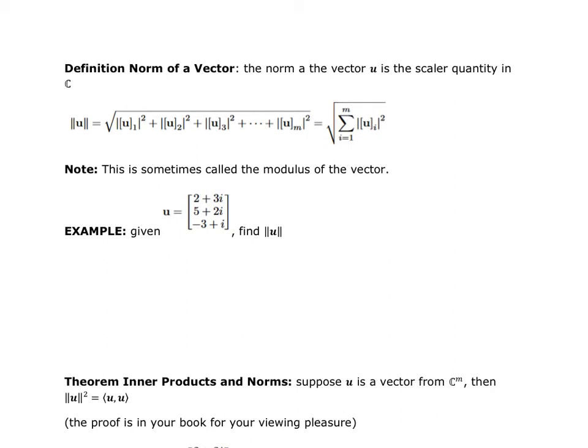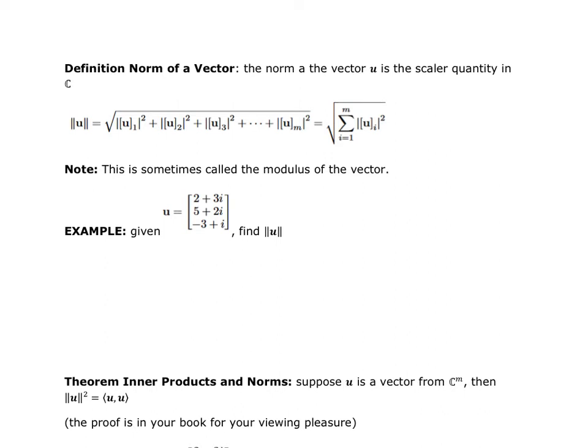We are looking at the definition of the norm of a vector. By the definition, the norm is going to be each individual entry squared, and then I take the square root of that answer. So let's take a look at this first example. We'll do it with complex, and then we'll do one where it's not complex.